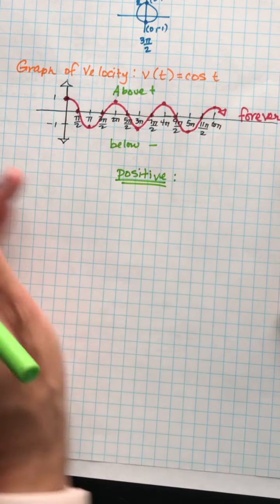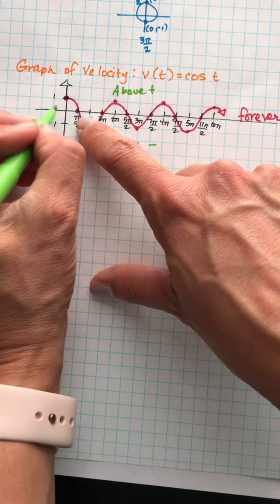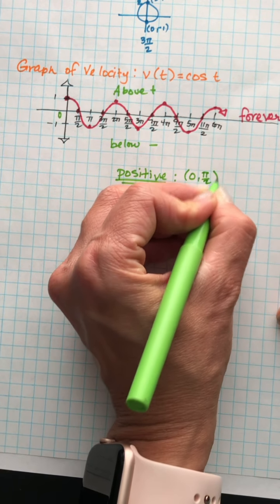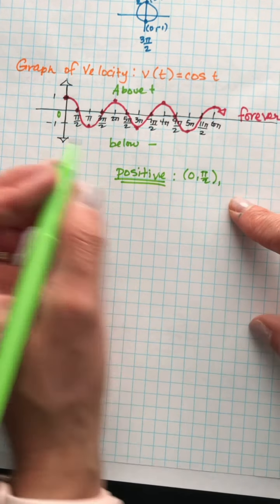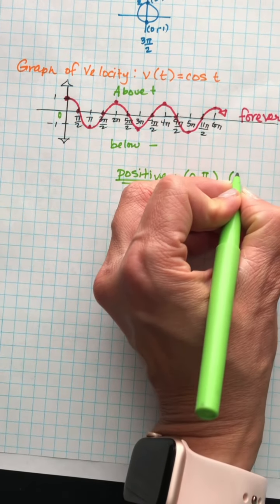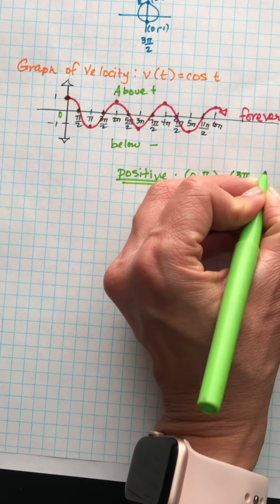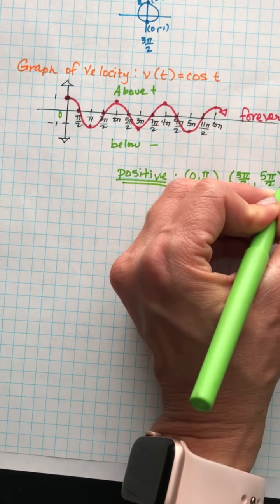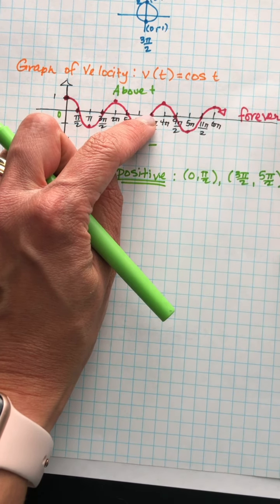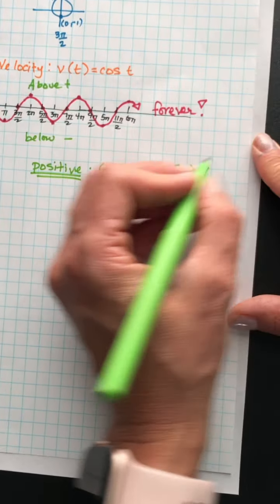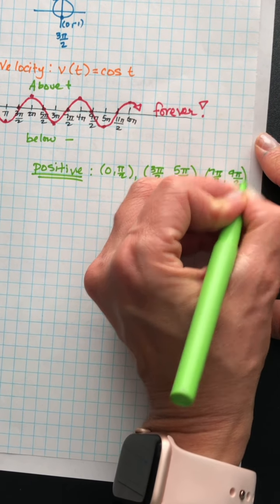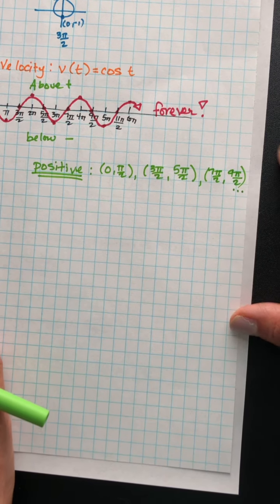So in the positive direction, we are positive from an x value of 0 to pi over 2. So these are all intervals, not coordinates. And then we're positive again from 3 pi over 2 to 5 pi over 2. And then we're positive again from 7 pi over 2 to 9 pi over 2. And I'm going to put dot, dot, dot, because it's just going to keep going.